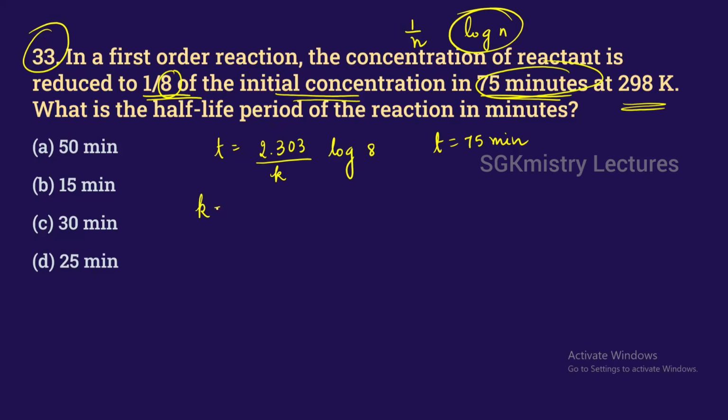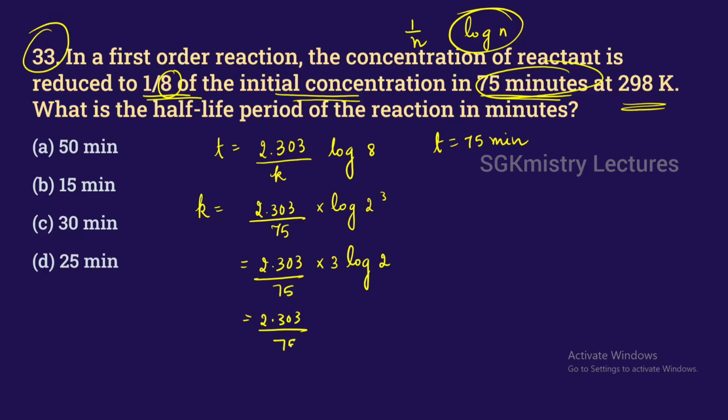So let me write, K is equal to 2.303 by T, which is 75, into log of 8. Log of 8 is log of 2 to the power of 3. So 2.303 by 75 into 3 log 2, and log 2 is 0.3010.